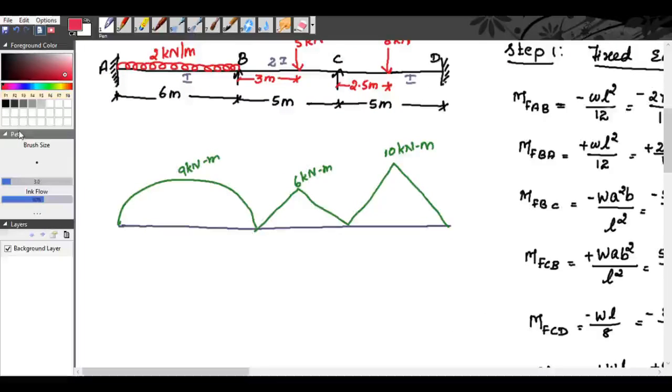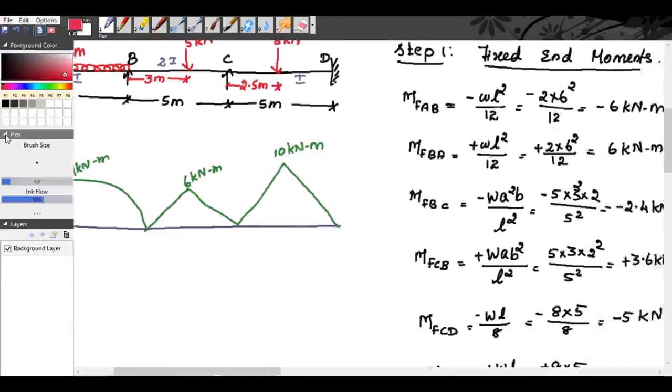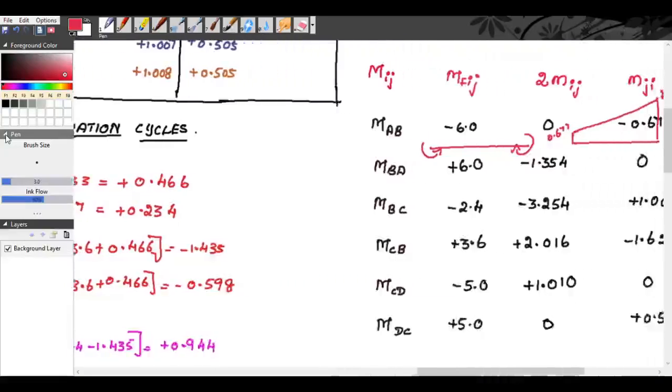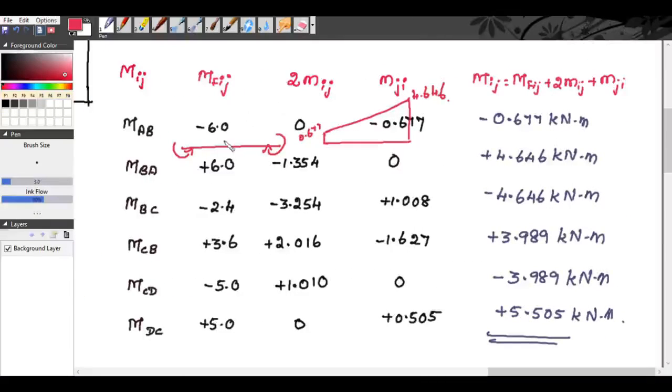So here the values are, sorry, it is not 0 point, it is 6 point.